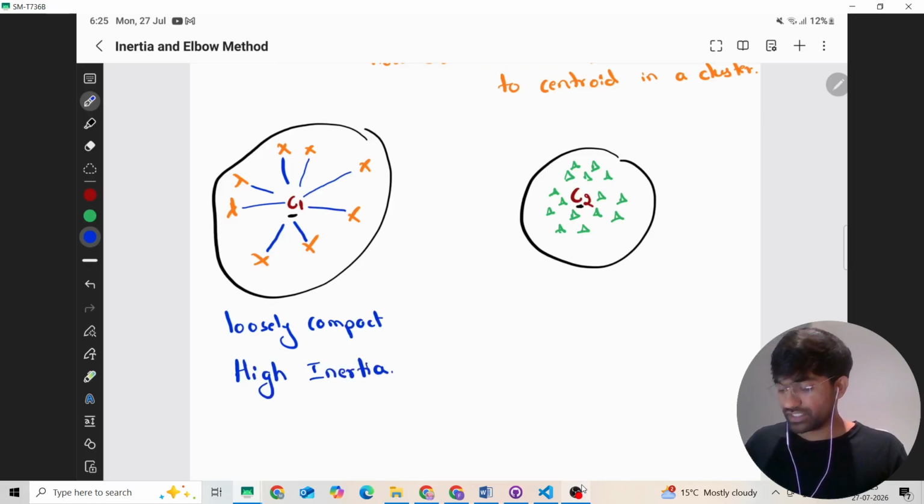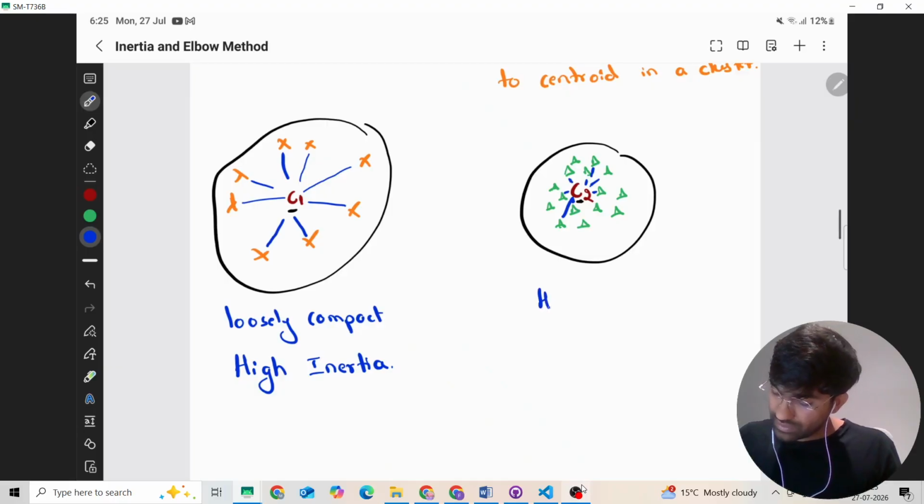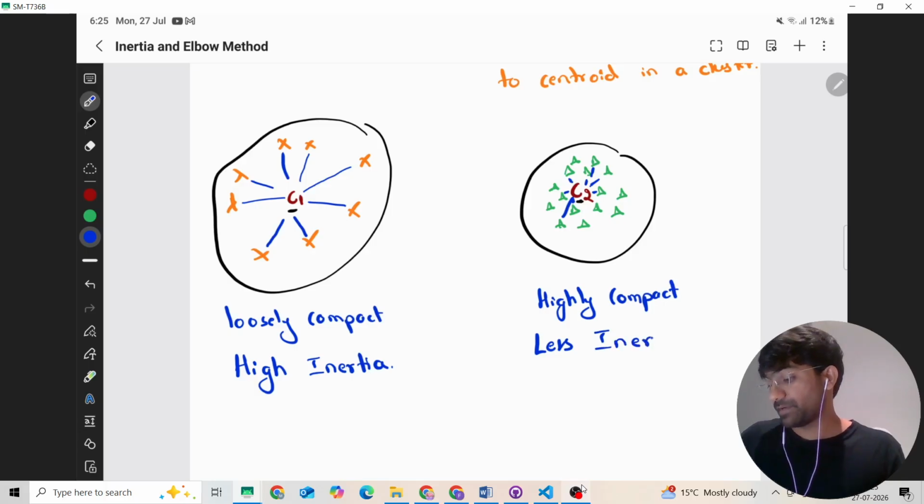And in the other cluster, the data points are at a very close distance to the centroid. That means it is highly compact, which means less inertia.